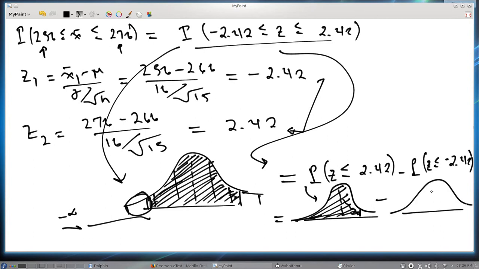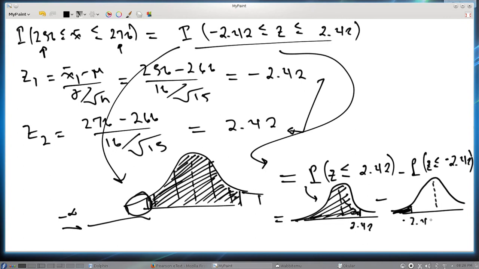Again, my curve is a little bit off, I'll just use it as is. So I'm going to use my z table, read from negative infinity all the way to 2.42, and then minus a value from negative infinity to negative 2.42.